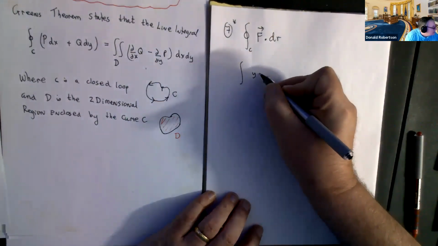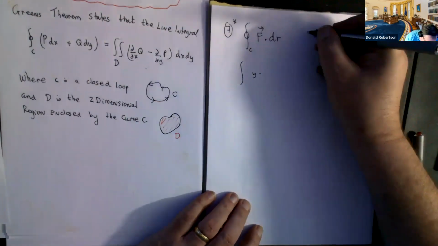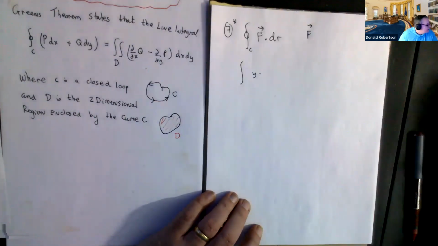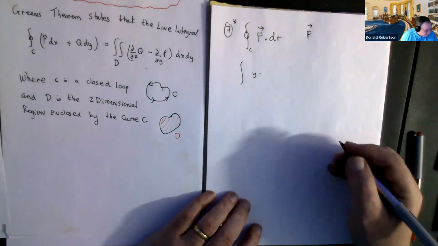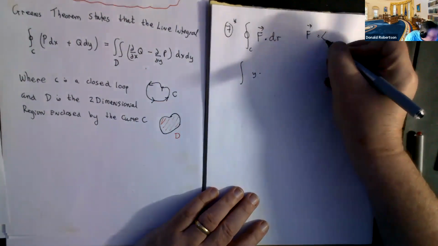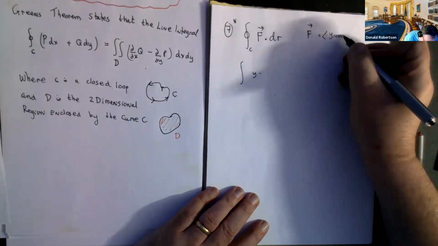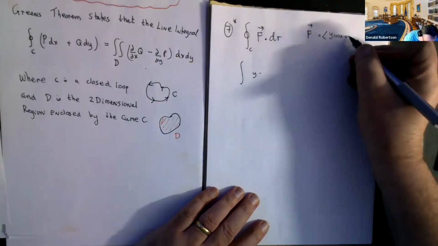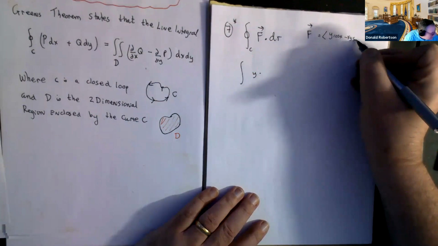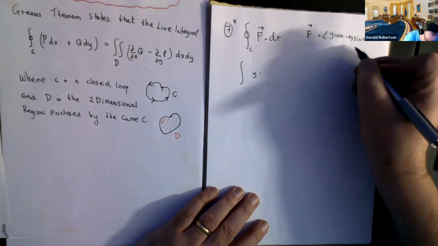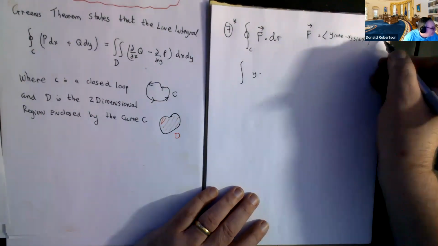Oh, let me show you what it's written like before I go anywhere. They describe F in this format here, which is y cos x, take away xy sin x, comma, but I don't have enough room to squeeze it over here.